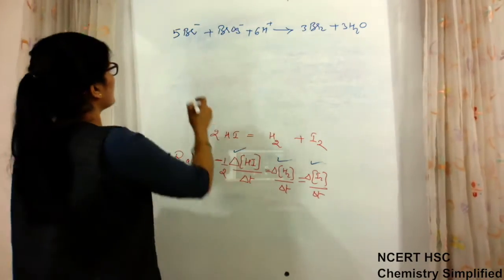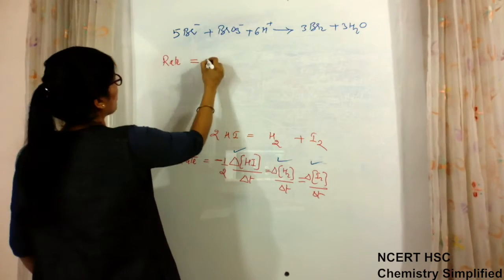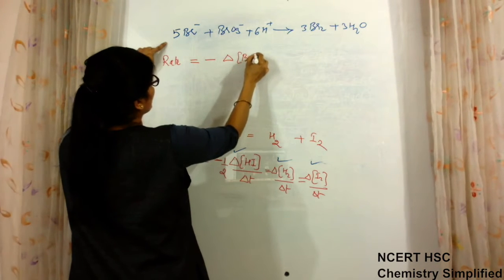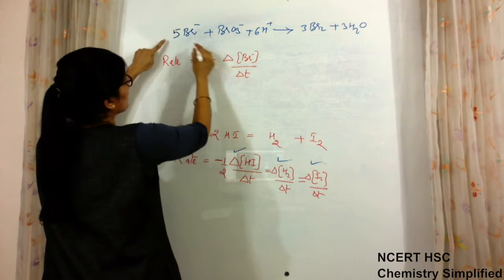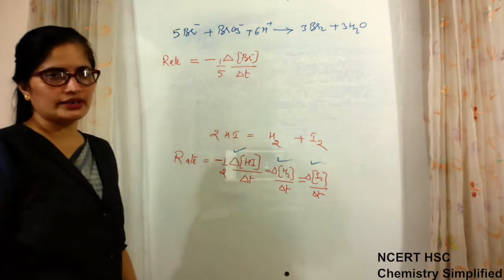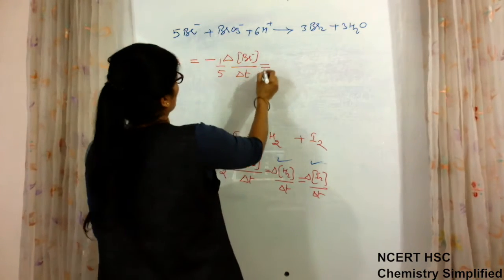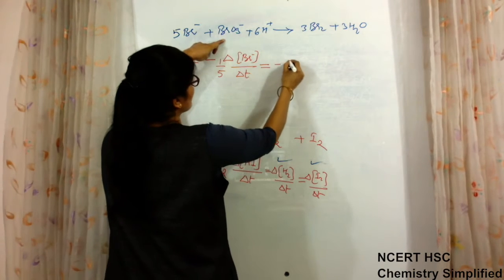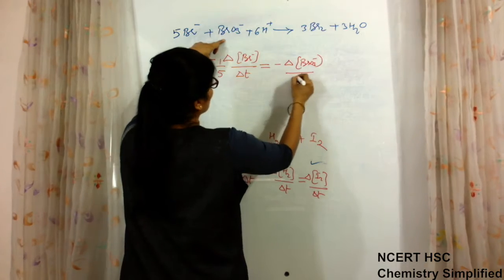Then I can write rate is equal to minus the change in concentration of Br negative upon change in time, and because the stoichiometric coefficient is 5, divided by 5, is equal to, because again this is a reactant, minus the change in concentration of BrO3 upon change in time.